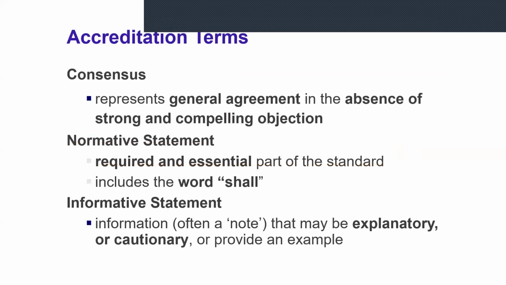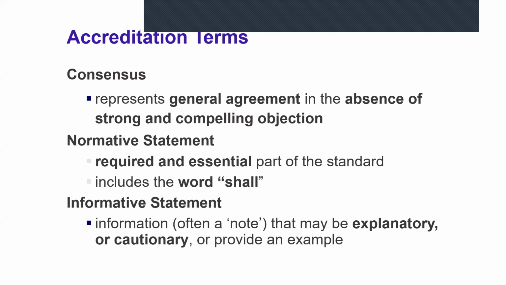Okay, so consensus represents a general agreement in the absence of strong and compelling objections. Okay, then the normative statement is required and essential. Here's where you use the word shall. Okay, so consensus versus normative. And then informative statement is when you have something that is an explanation or it's a cautionary, and it usually provides an example, okay?